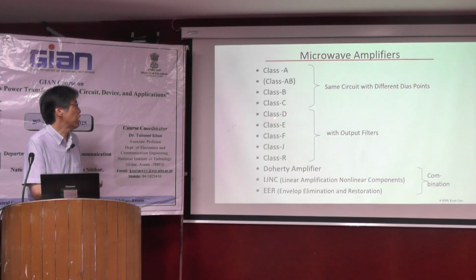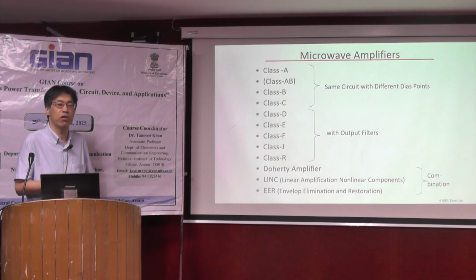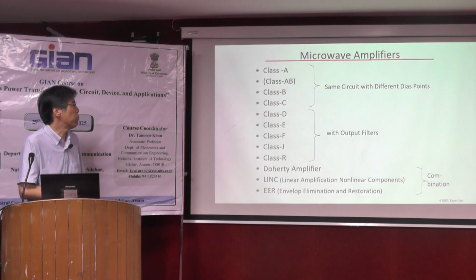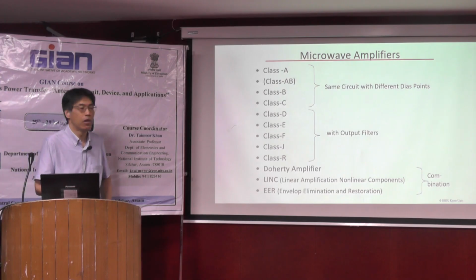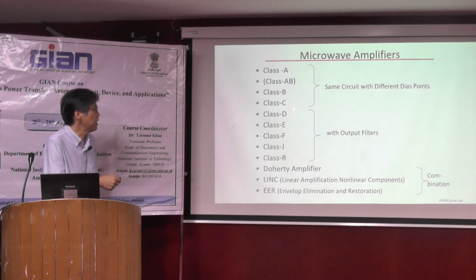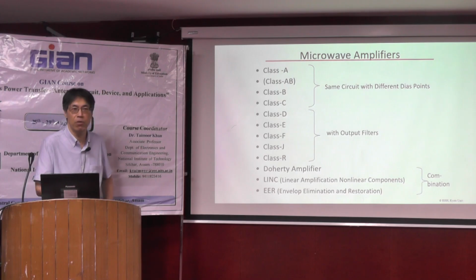So in class D, E, F, and recently J and R, we add an output filter to reuse the harmonics to increase the efficiency up to 100% theoretically. So recently for wireless power transfer, class F and J and R are applied. So in order, I will explain basically ABC and then D, E, F, J, R in my talk.